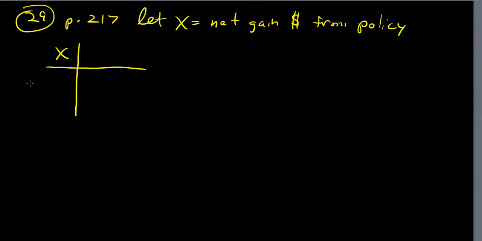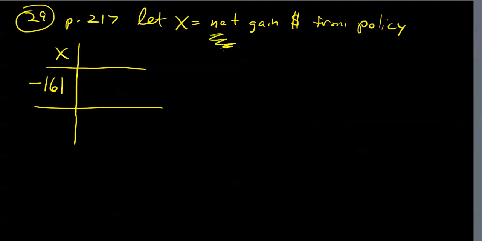Well, if the man lives, there is no payout from the insurance company, and essentially the man loses the $161 he paid for the insurance policy, right? But if he dies, the insurance company pays out $100,000.